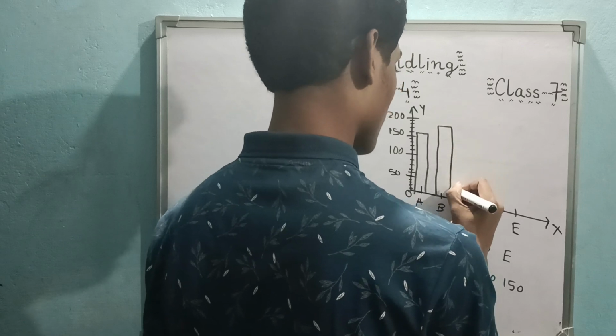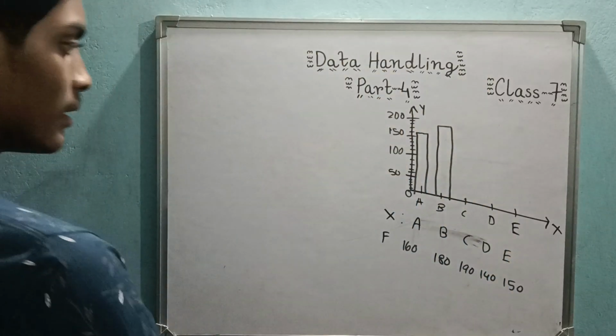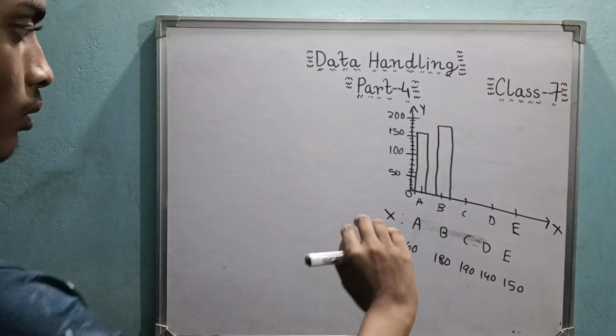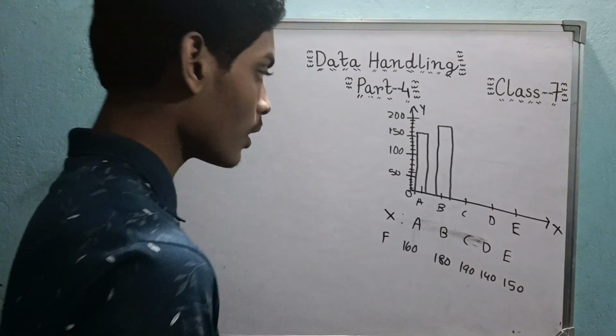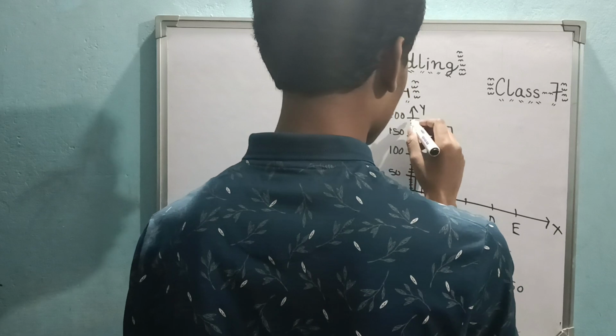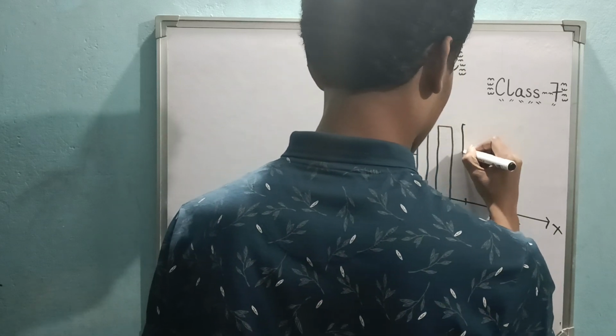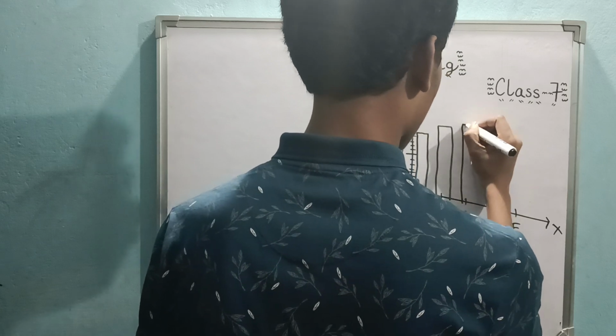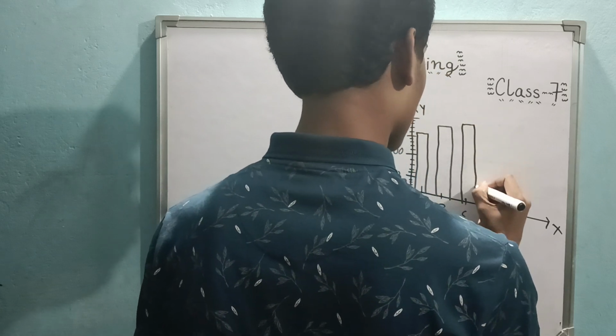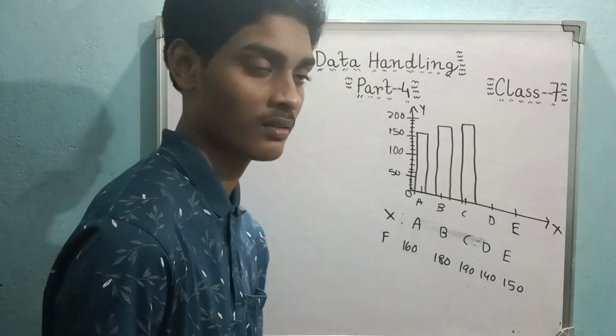We'll come to the advantages as well, just don't worry. Then comes C. The frequency of C is 190. Check the 190 frequency, this one. So on top of C at this position, mark another bar. The apex of the bar determines the frequency of the respective value on the x-axis.